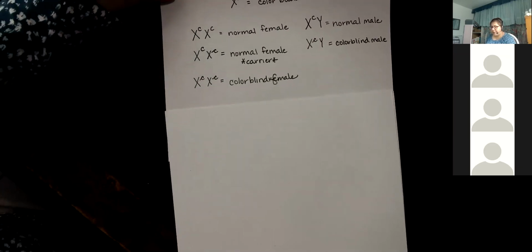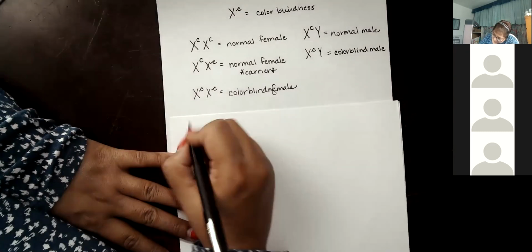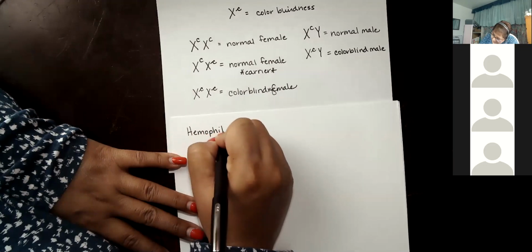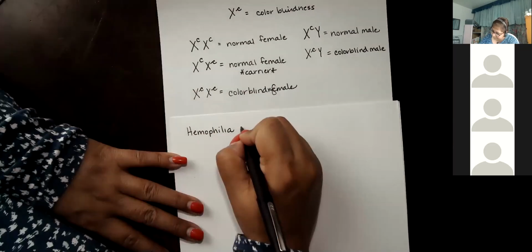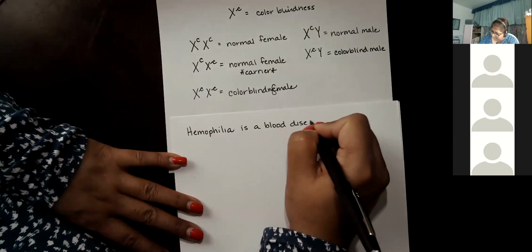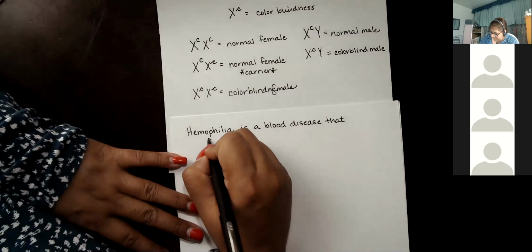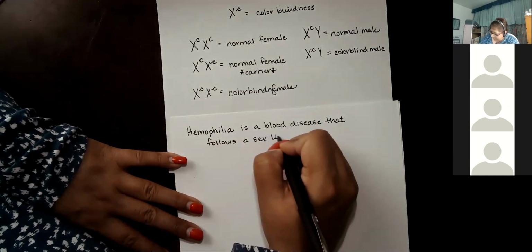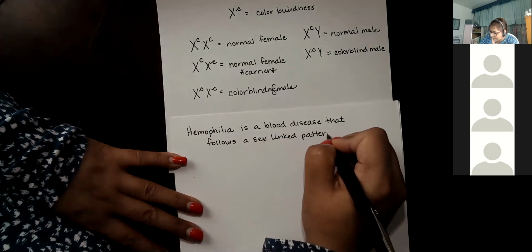We'll use another example of a sex-linked trait, hemophilia, which is a blood disease where your blood does not clot properly. So here we go.